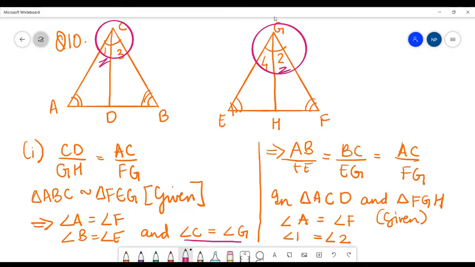So over here we will write that angle C is equal to angle G. That means if the full angle is equal, the half angle will also be equal.